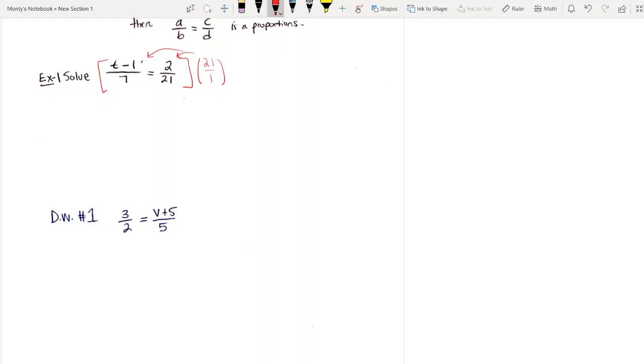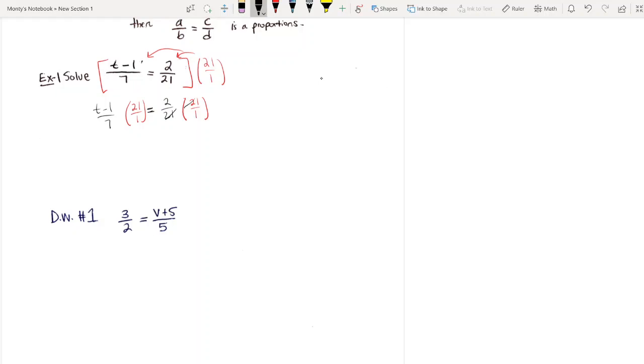So let's take a look at that. When we distribute, I'll show a little bit of work here. 21 over 1, 21 over 1. I don't know what that little arrow thing means. Hopefully it'll go away when I start writing. It did. We get, again, just filling everything in, t minus 1 over 7. Starting over here, we've got 2 times 21 over 21, so we have our common term of 21 over 21.